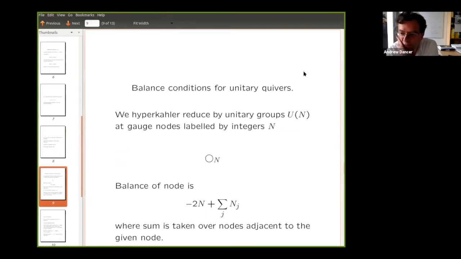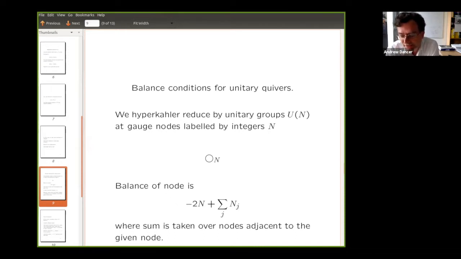So suppose we're looking at a hyperkähler space, a Higgs branch arising as a quiver variety. The picture is we have a diagram with this graph. The vertices are labeled, in the simplest case, by unitary groups, which are the groups by which we hyperkähler reduce.